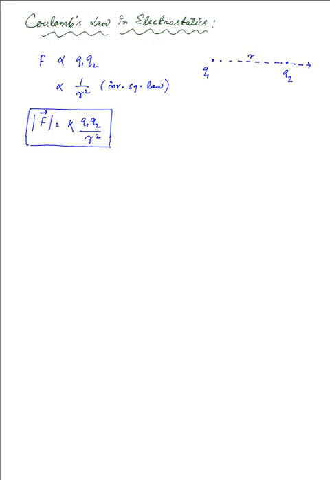So as a result of that, if I'm saying that r here is the position vector of the charge Q2 with respect to Q1, then we can have the force to be directed along that position vector, and so vectorially we can say that this will be expressed as F equal to that constant times Q1 Q2 over r squared, and as far as the direction is concerned, it's along the unit vector of that position vector.